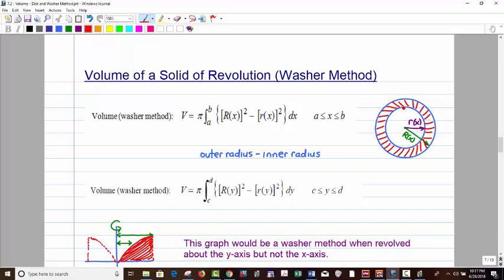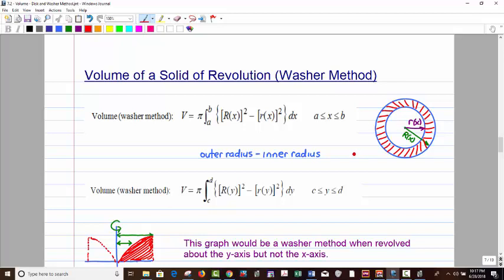Little r of x finds the volume for that empty part. So if you take the volume of the whole thing going all the way to the outer edge and subtract the inside empty part, by default you're left with what you want. So that's how it works. You identify the outer radius, the inner radius, and then you subtract.